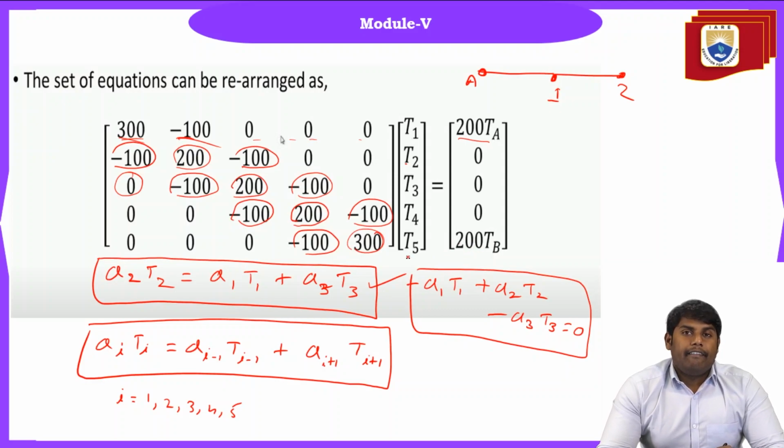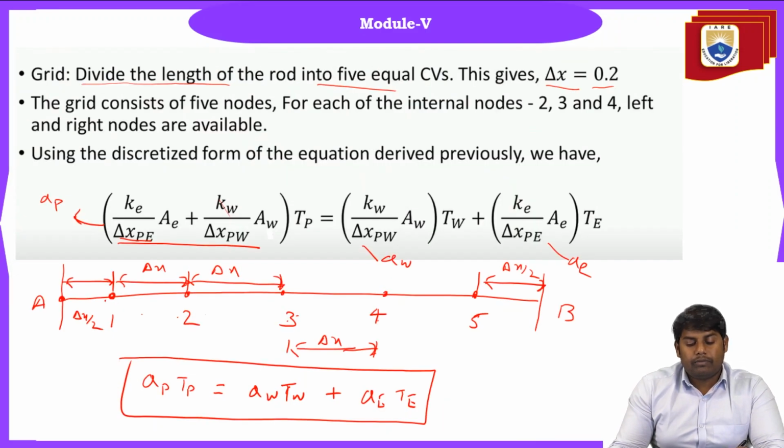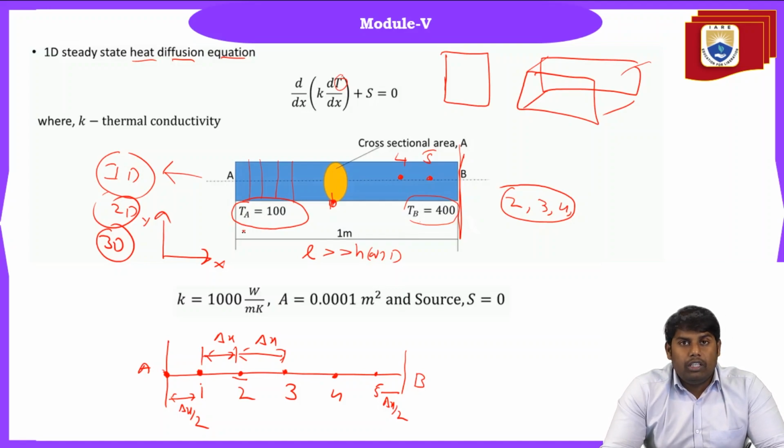What is happening when we have walls? When we have some wall kind of phenomenon, we take the boundary coefficient values as 0. We are assuming it as 0. That's why you have the source term.